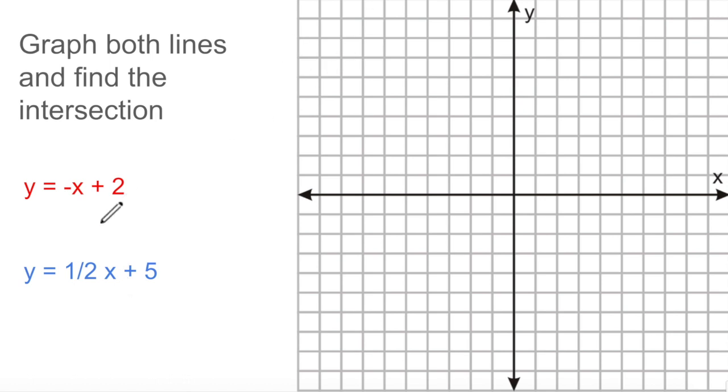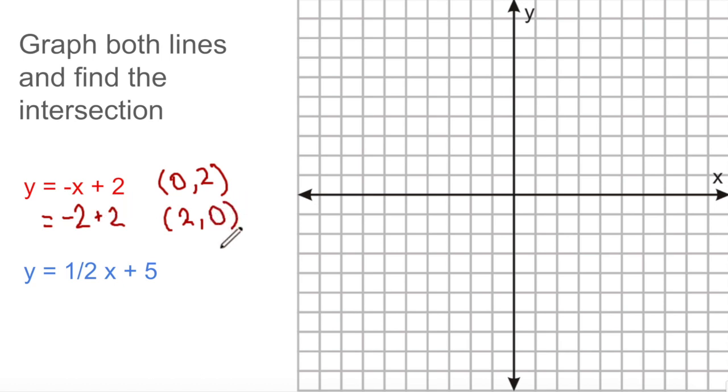So let's find 2 points. The y-intercept is 1 point, which is positive 2. So (0, 2) is 1 point. And we'll put in 2 for x and find another one. So y equals negative, I put in 2 for x, and then we add 2 to that, and we get 0.